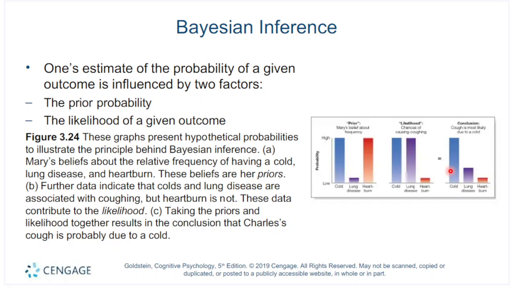Na, since lagi kang sinisipon, it might be a lung disease and not a heartburn. So, kasi pinagsama niya na yung prior niya and yung kanyang likelihood dito. So, prior probability and likelihood of a given outcome. So, that is an example of a Bayesian inference.